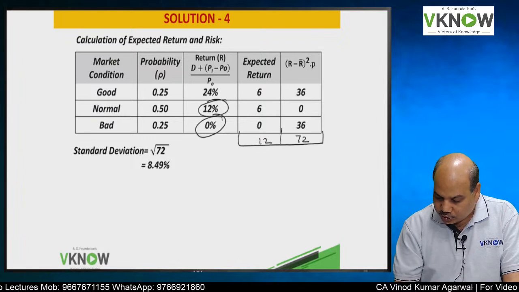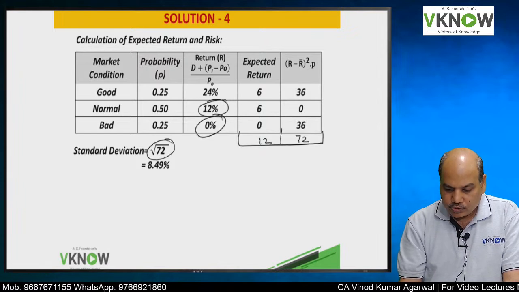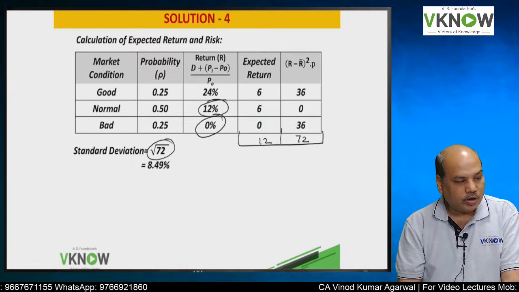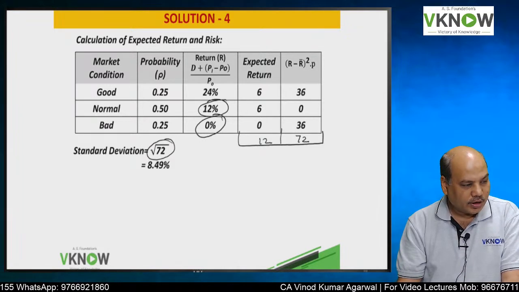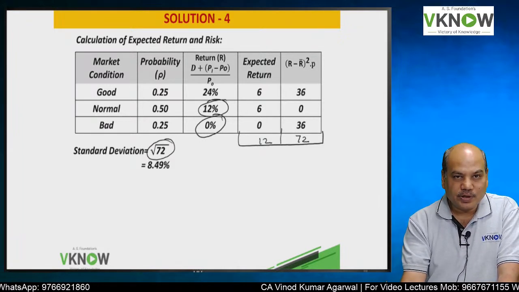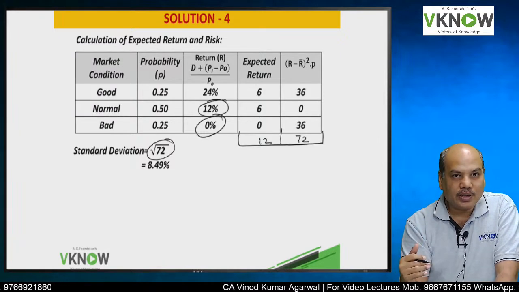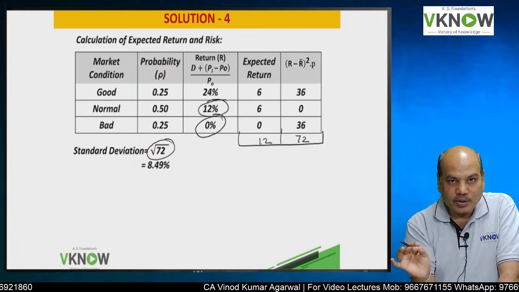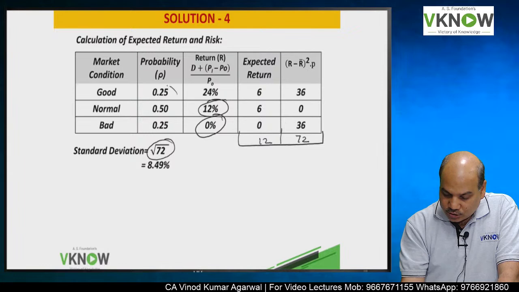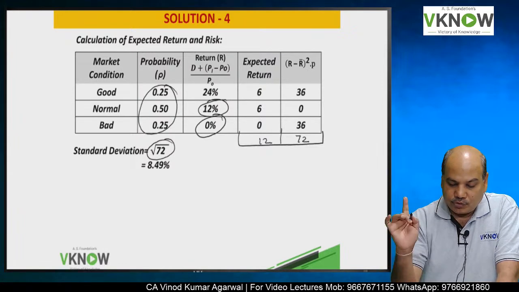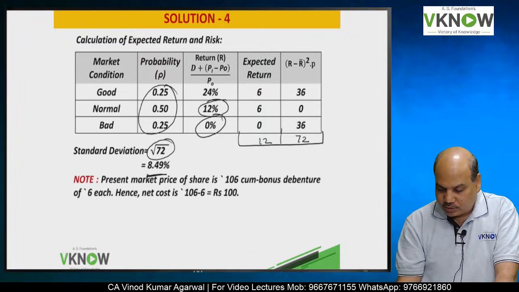The total is 72. So the standard deviation will be square root of 72 when you are using probability. In the previous question, when we were taking number of years, we divided by n. But when we are taking probability, we don't have to divide by number of observations, because the sum of the probabilities itself is 1. So the answer comes to 8.49%.